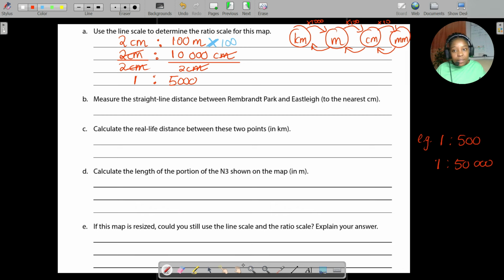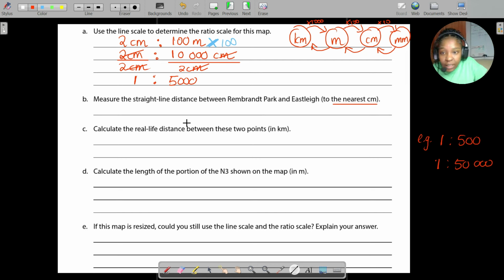That's it. Question number B. Measure the straight line distance between Rembrandt Park and Eastleigh to the nearest centimeter. Remember, I've mentioned this to you guys: if they say to the nearest, they're just saying that your final answer should be a whole number.